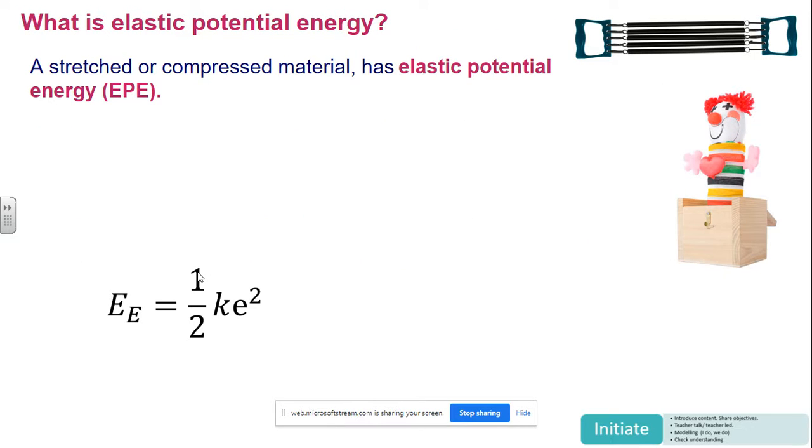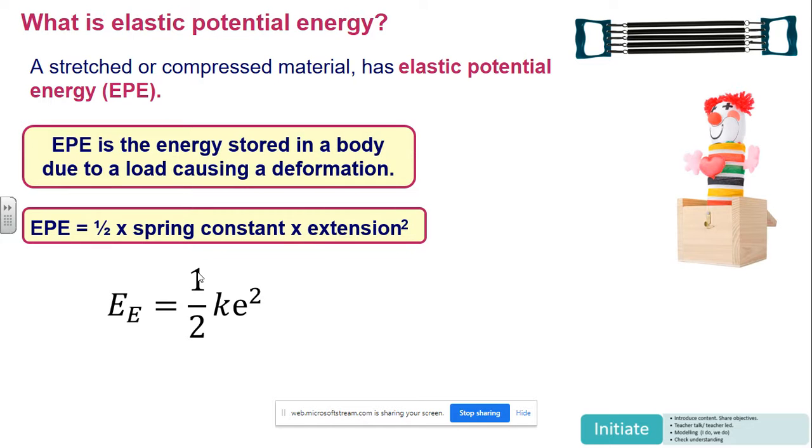We can calculate it. At the bottom of the screen there's a little formula. Elastic energy is a half k e squared. To work out the elastic energy, we just plug the numbers in. And this works if we compress a spring too. If we have a spring that's stretched out and we squash it, we can still use that formula, where e is the extension.